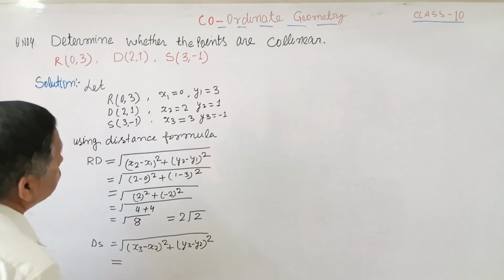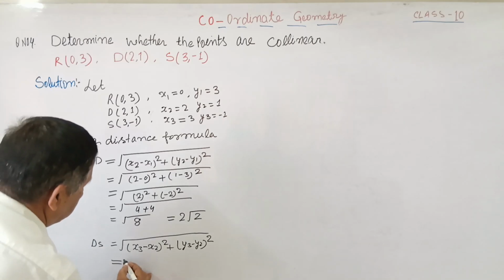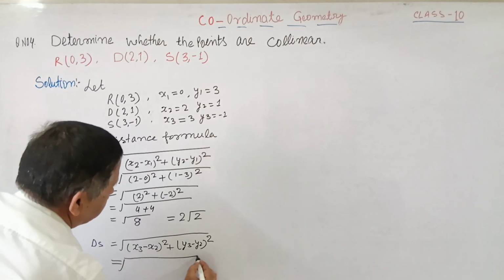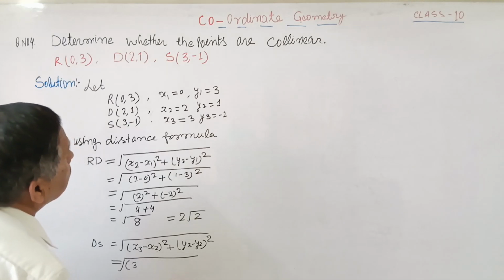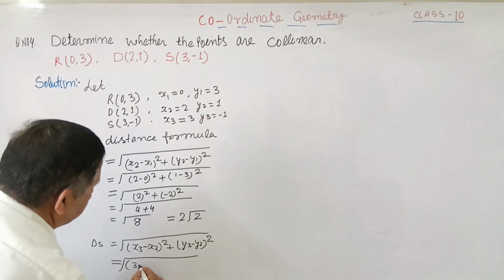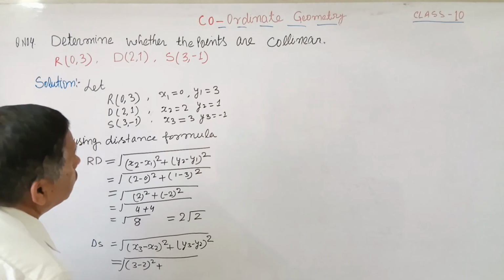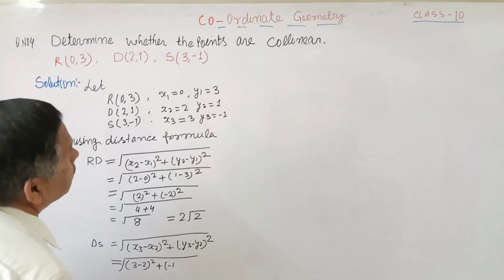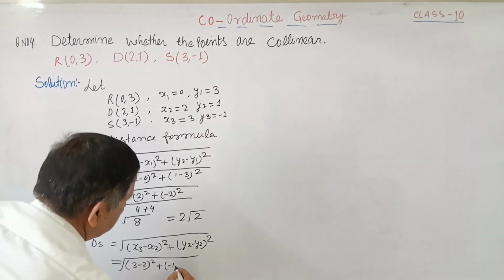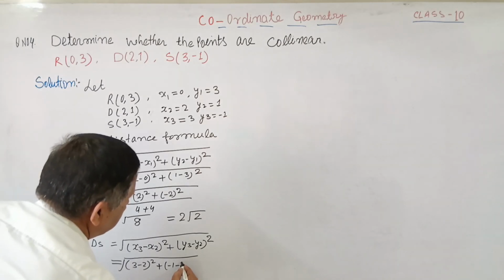So I will put the values. x3 is 3, x2 is 2, so (3 minus 2) whole square plus y3 is minus 1 and y2 is 1, (minus 1 minus 1) whole square.